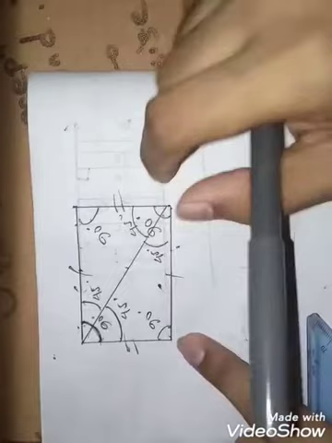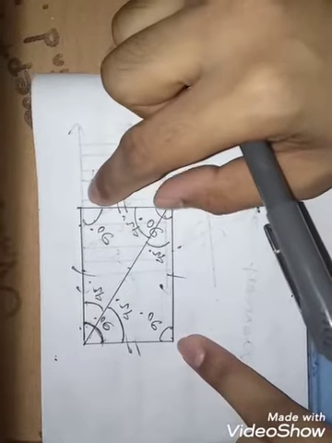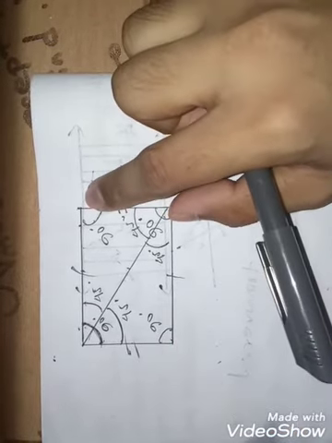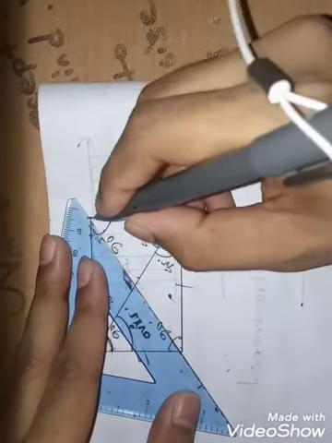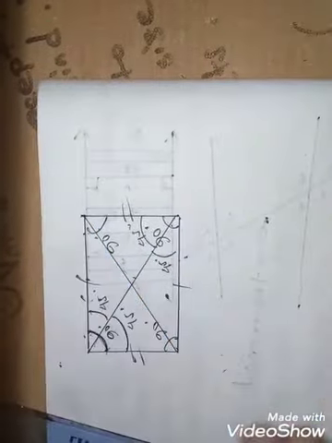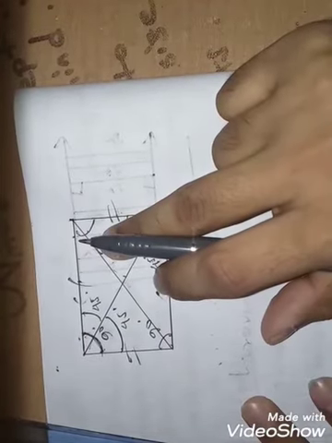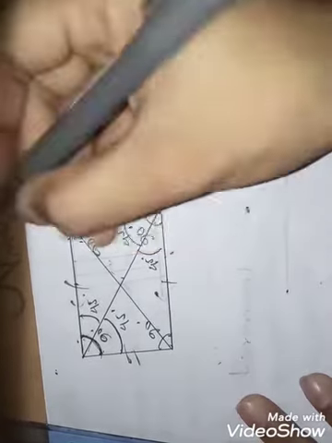And there are also the remaining two opposite corners, and if we join these two corners also, we find another diagonal of the rectangle. This diagonal also divides this angle into two equal parts.